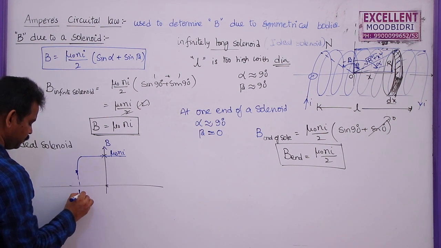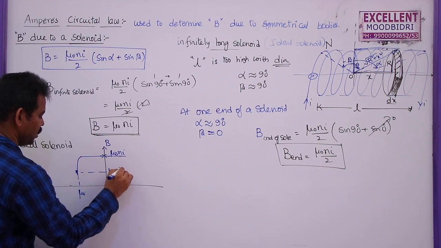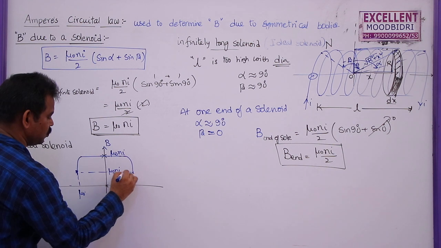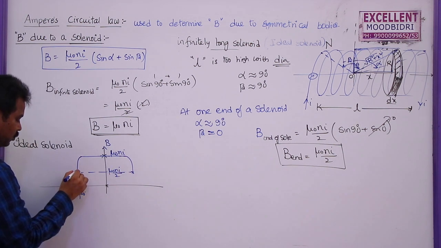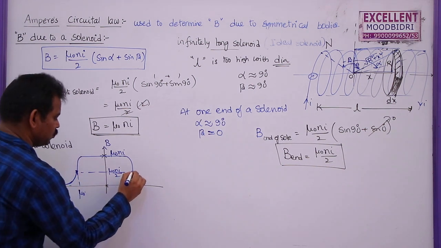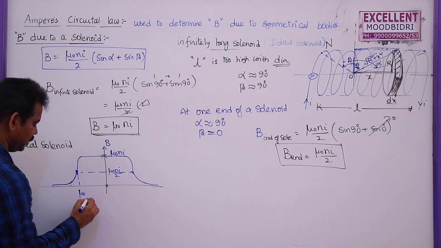So at one end of this solenoid, the value will be mu naught Ni by 2. This is the end of this one. Similarly at the other end also, this is mu naught Ni by 2. So after that the magnetic field gradually decreases and it almost becomes 0 due to this solenoid. So this is the variation of B with length.